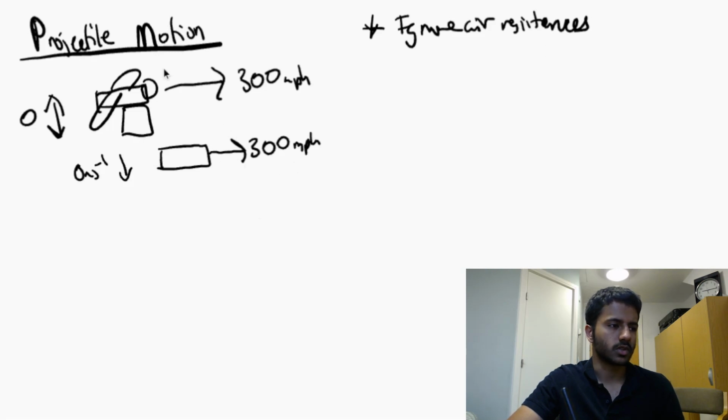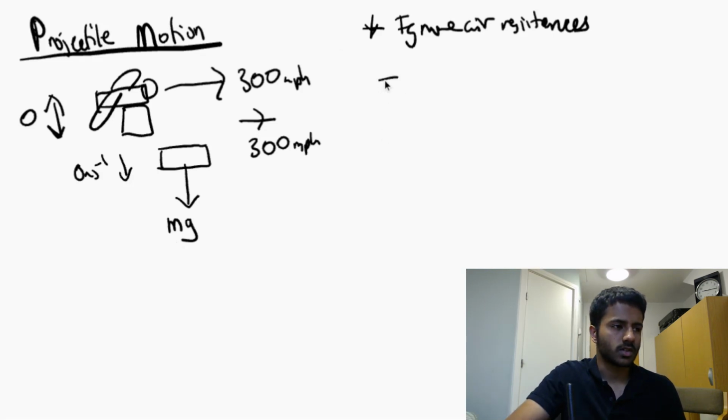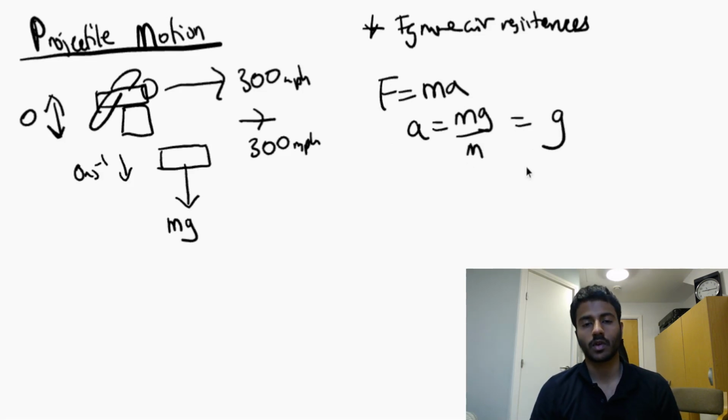This 300 miles an hour is not a force. It's just the speed at which it's moving. The one force acting on it is its weight, mg. And we know through Newton's second law that the resultant force is equal to the mass times the acceleration. So the acceleration in the vertical direction is just mg over m, which is g, the gravitational field strength.